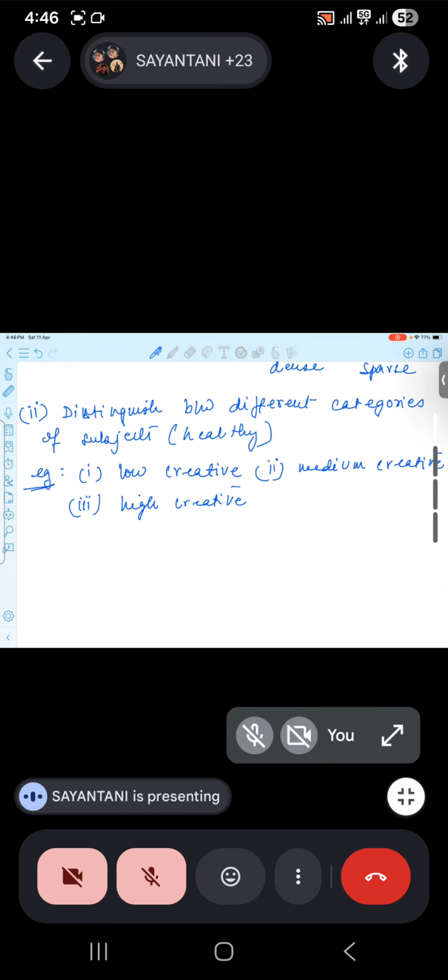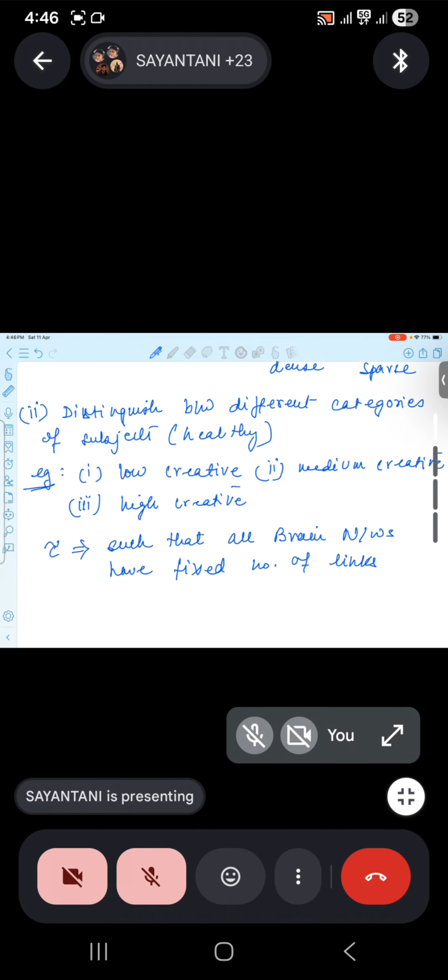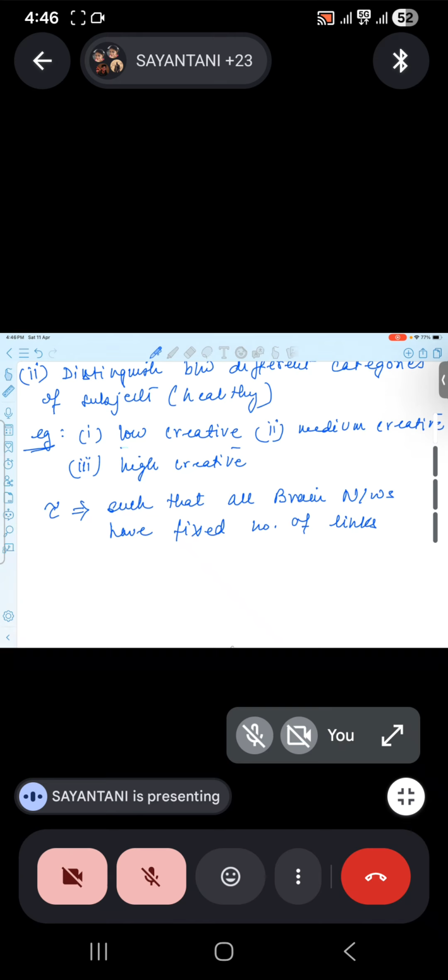So in this case, how would you choose the value of tau? Here, the value of tau is chosen in such a way that all the brain networks have a fixed number of links. So suppose for low creative, it might happen that the value of tau is 0.3, say for instance.